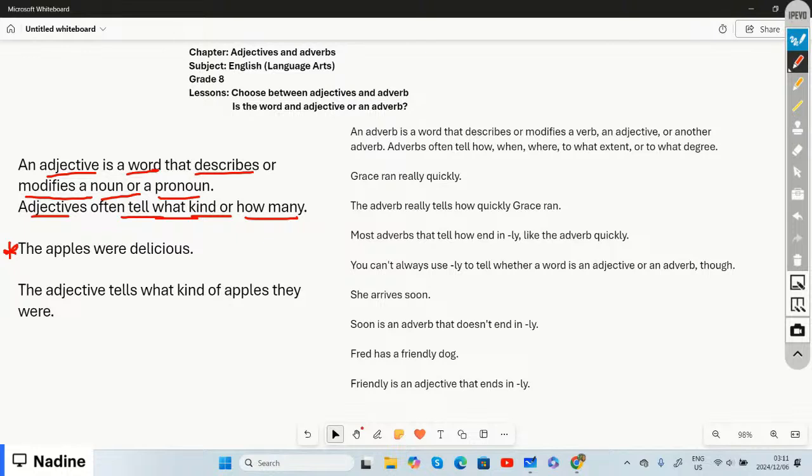And if we look at examples of sentences with adjectives, it says, the apples were delicious. The apples were delicious.